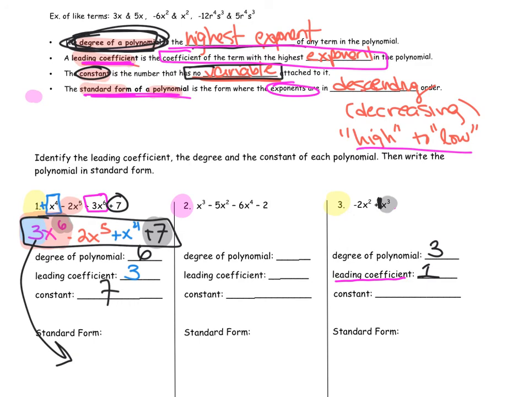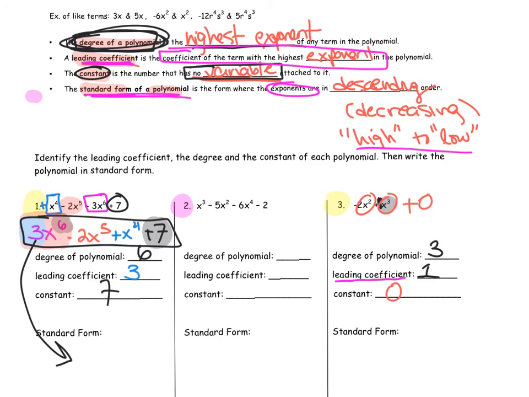Our constant is the number without a variable. Well, all I see are variables. I see x squared, and I see x cubed. So then our constant is 0. I could write plus 0. That's our constant. There's no variable attached to 0.